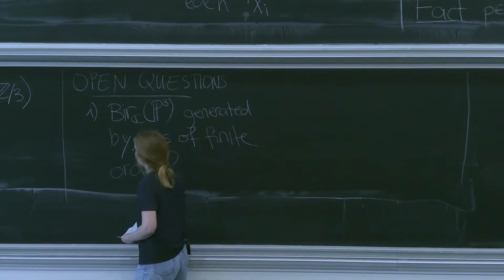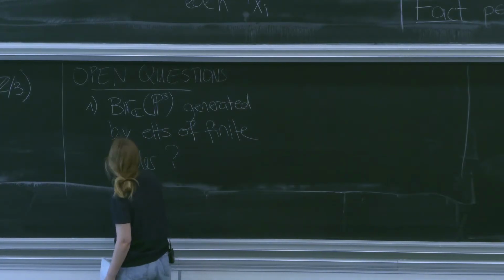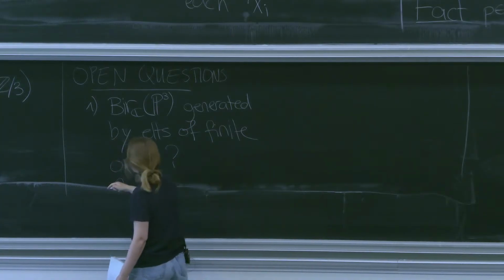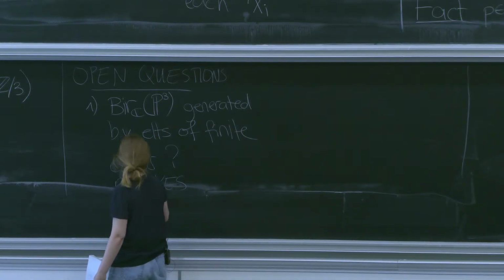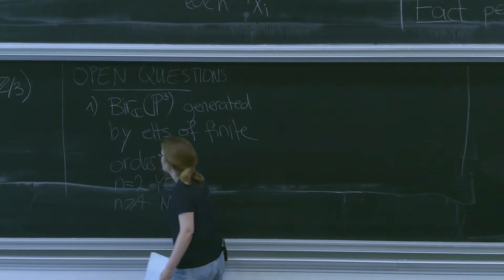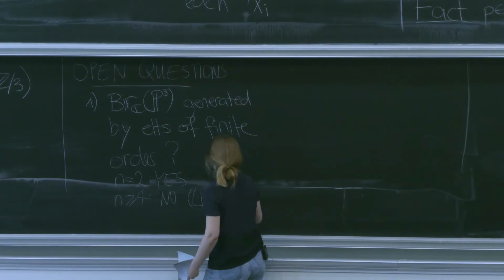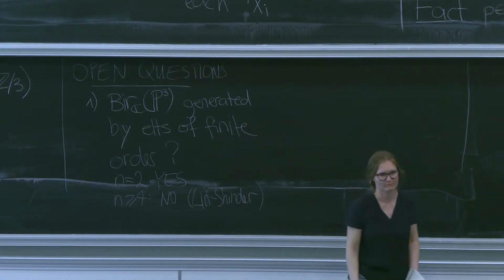And just to say, the answer is, if n is 2, then the answer is yes. And if n is at least 4, then the answer is no, by the theorem of Lin and Schindler that I mentioned yesterday. Okay, so dimension 3 is the remaining case.